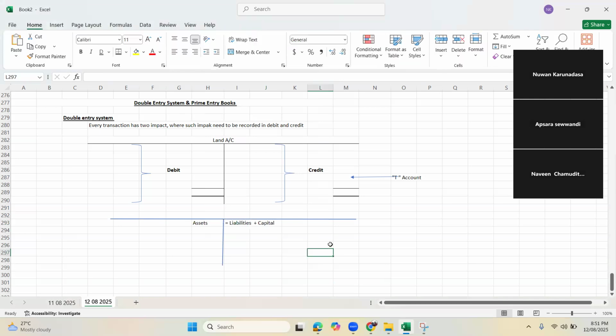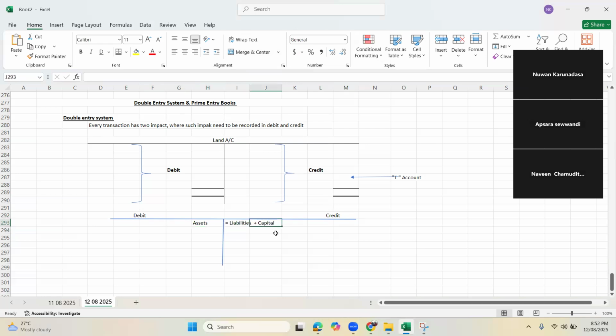Right. So you can see here, this is a positive figure. This is the debit side. This is the credit side. So you can see here, asset increase is on the debit.